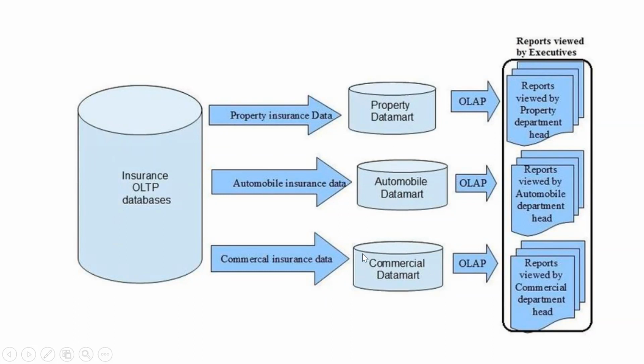We are storing commercial information. Each of those things is being stored in a different data mart. On top of this, we are creating charts and graphs. So each of the specialists can take easy decisions based on each of the data marts' data.